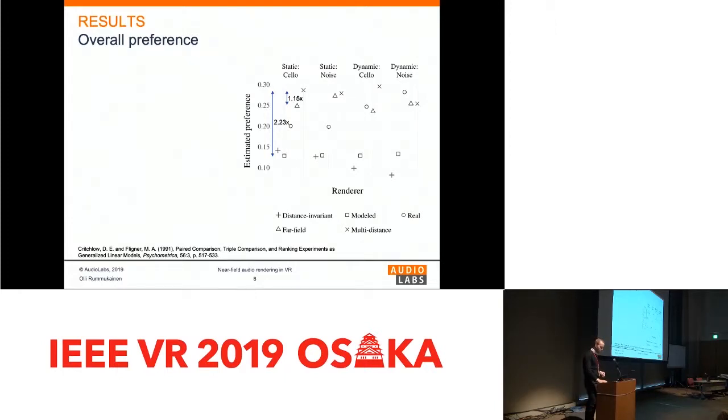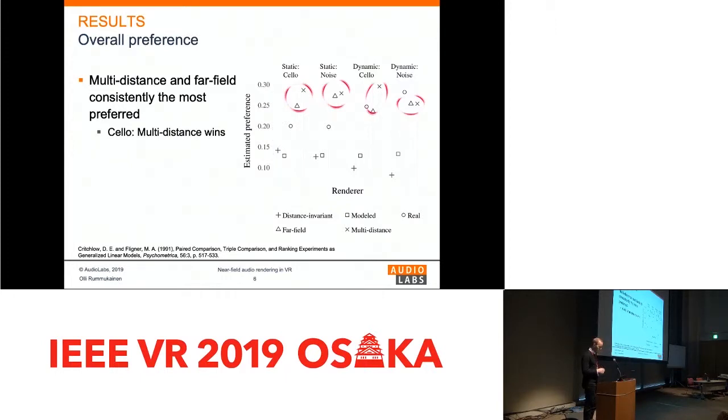So for example, between the 2 best ranked renderers here, there's a 1.15 times higher chance that this one would win against the second best. And similarly, compared to the worst one, there's 2.23 times higher chance for the best one to be winning if they were compared pairwise. And of course, if you're higher in the scale, you are more likely to win in a paired comparison.